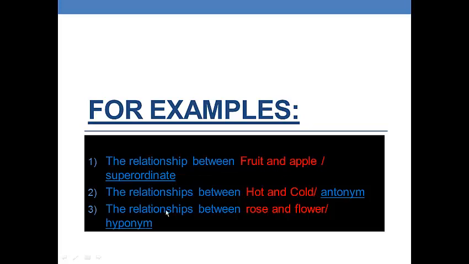When we make a relationship about hyponym, we can say that apple and banana and grape are hyponyms of fruit. You will be clear in the next video, I promise.